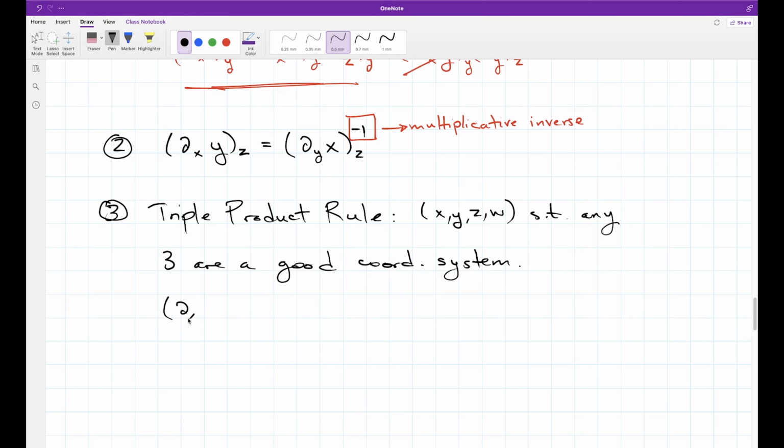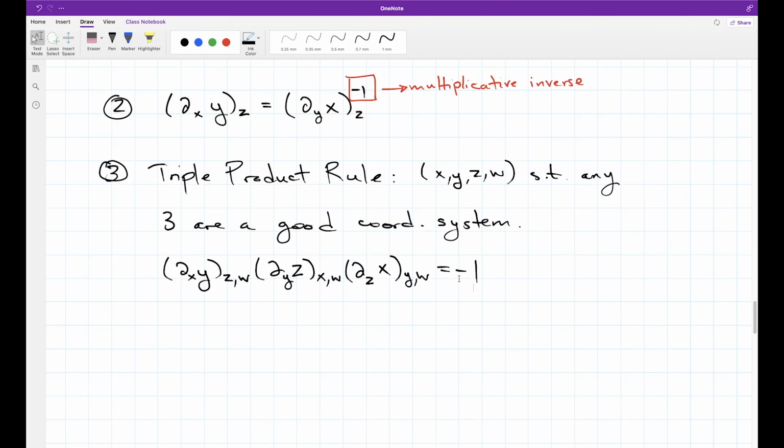Then partial X of Y when fixing Z and W times the partial Y of Z fixing X and W times the partial Z of X fixing Y and W is equal to -1.